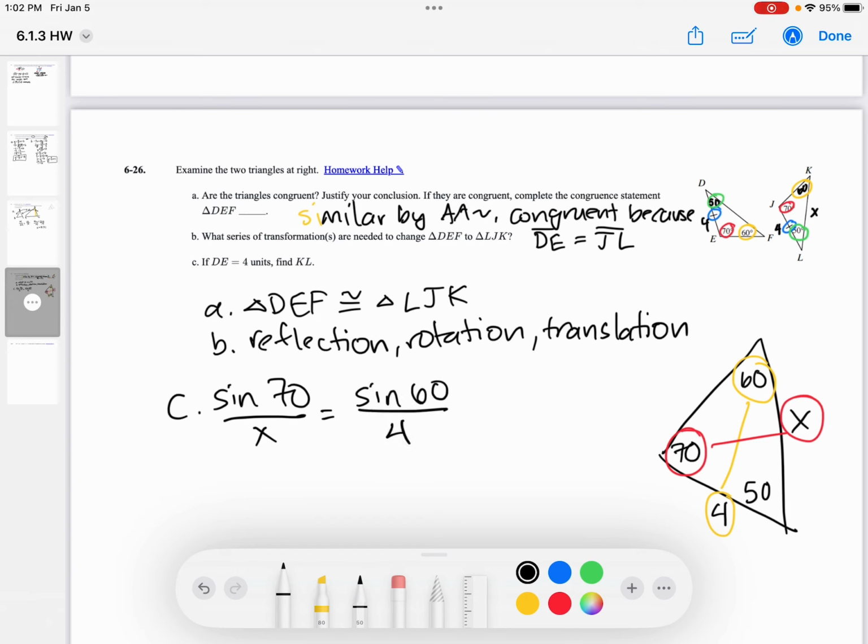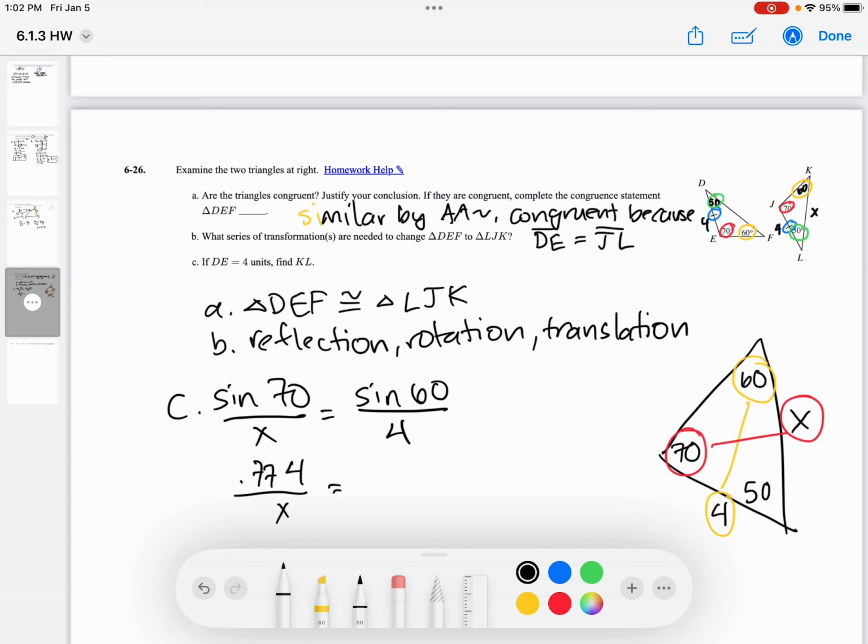Okay, what is sine of 70? Let's see. We type that into our calculator, and we get 0.774 over x, and sine of 60.